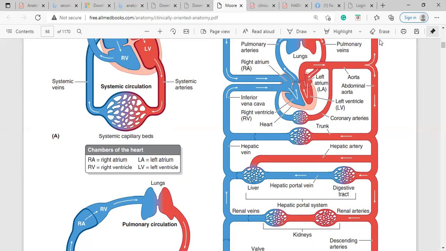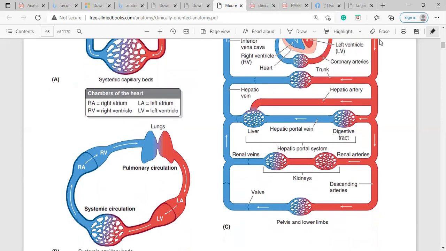To the spleen, you have the splenic artery. To the kidney, you have the renal artery. Sir, you said the stomach is what again? Gastric. Okay. Gastric artery. The spleen, you have the splenic artery. The liver, you have the hepatic artery. The lower limbs, you have your common iliac artery.